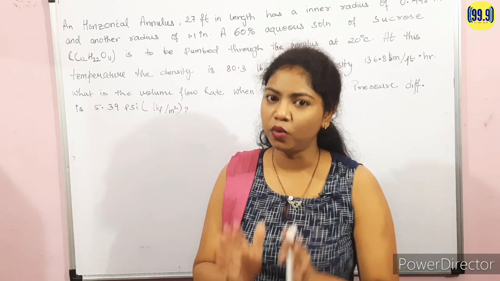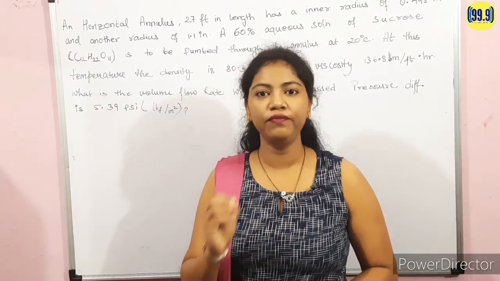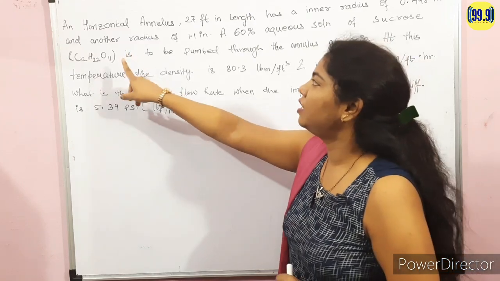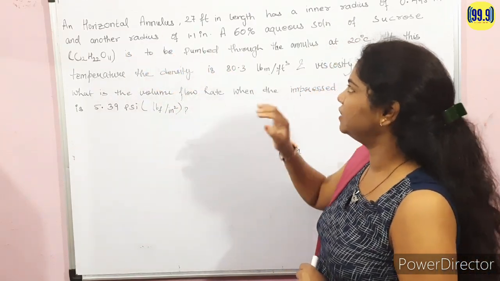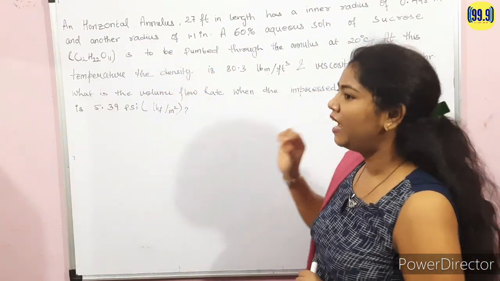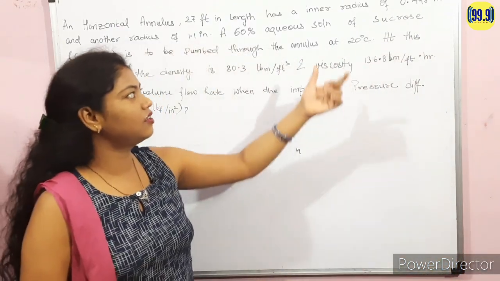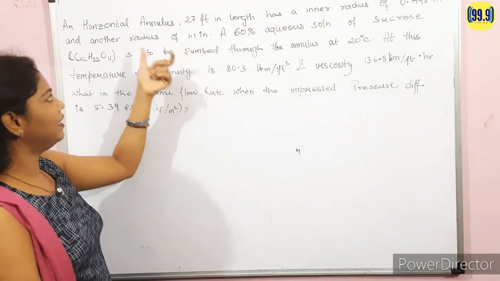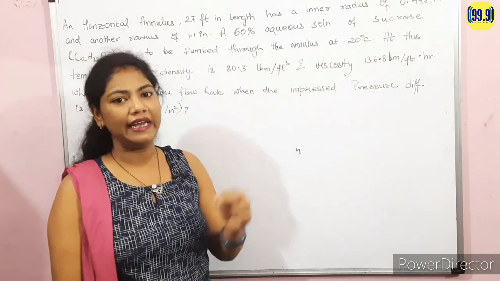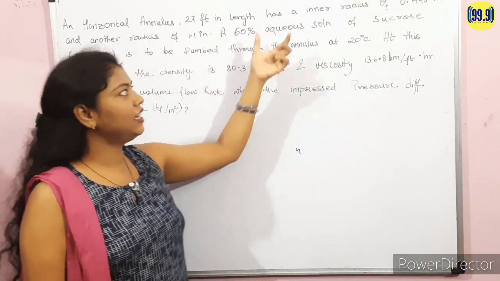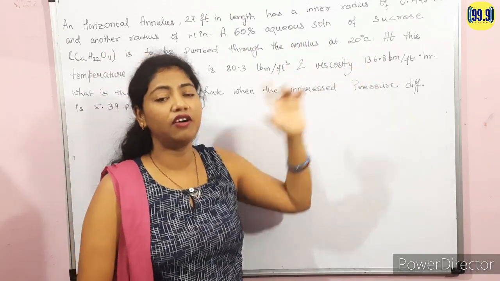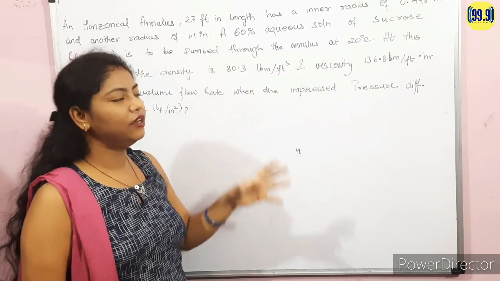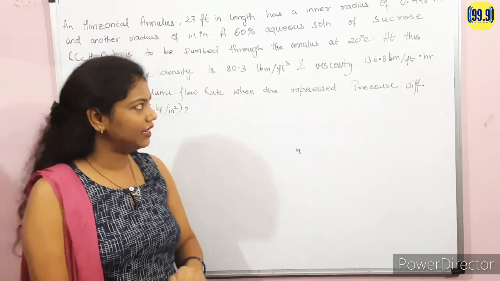So student, the question is from the topic volume flow rate through the annulus, okay. The question is: a horizontal annulus 27 feet in length has an inner radius of 0.49 inch and an outer radius of 1.1 inch. A 60% aqueous solution of sucrose is to be pumped through the annulus at 20 degrees centigrade.